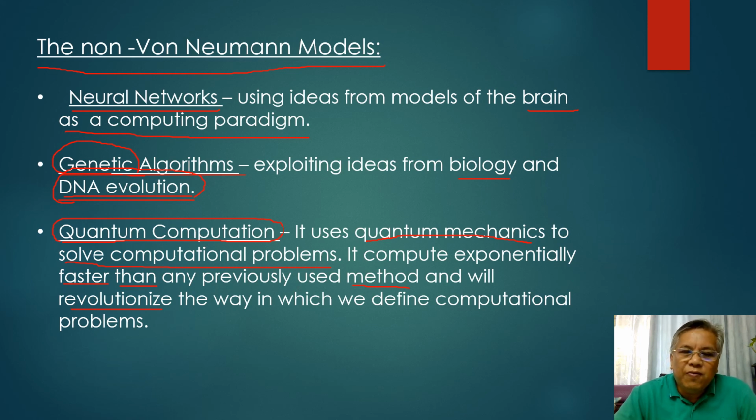So, very fast if you use quantum computation. It uses 1 and 0 at the same time. That is why there are still cases wherein it provides an error message when using quantum computation.